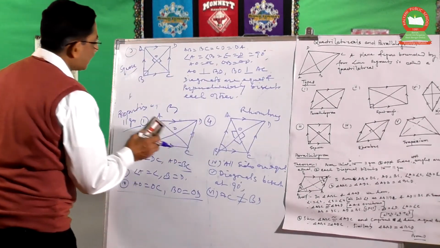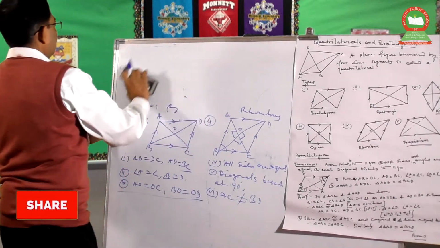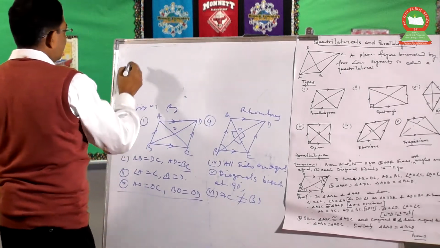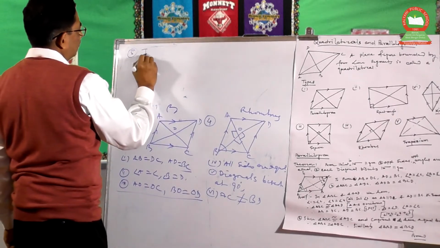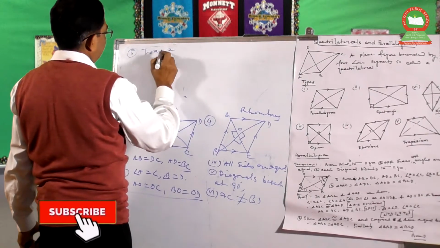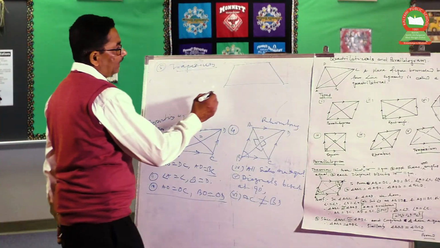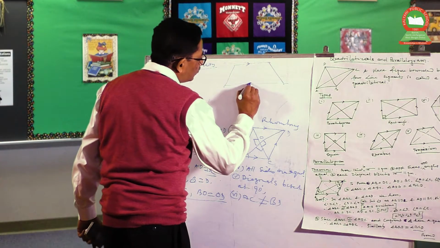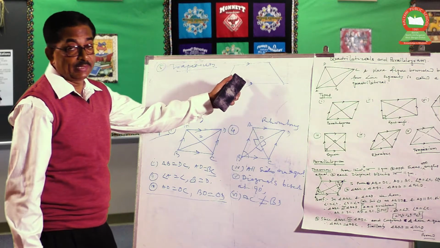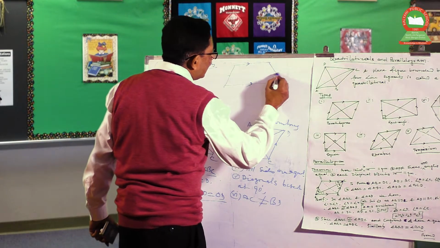Now next one is the trapezium, that is number 5. What is that? This is also a quadrilateral whose one pair of opposite sides is parallel, the other is non-parallel. These are the non-parallel sides.